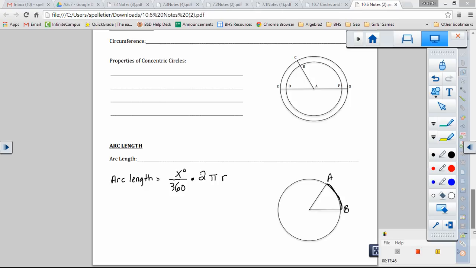When you multiply this together, you are taking a fractional piece. This is the fraction part: how much out of those 360 degrees do you have? If this is an angle that is x degrees, I need x out of 360 degrees of the circle's circumference.